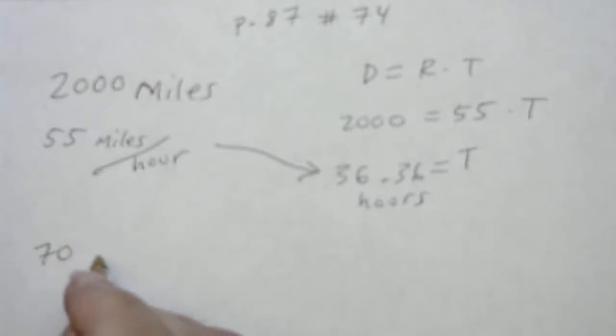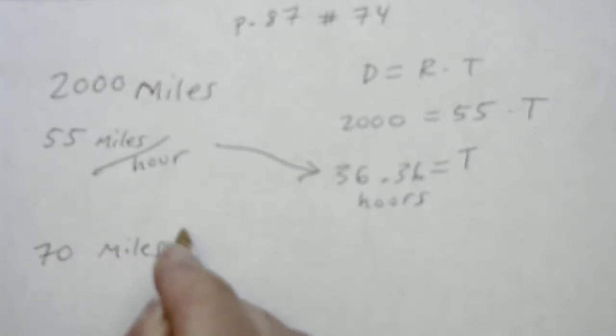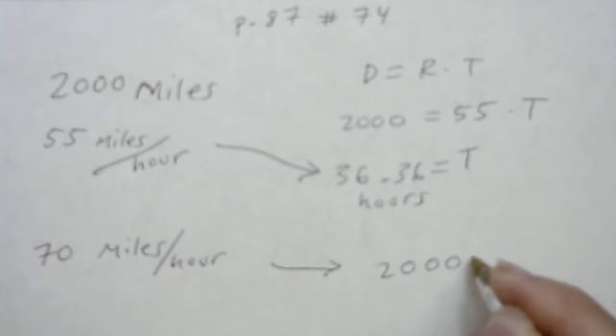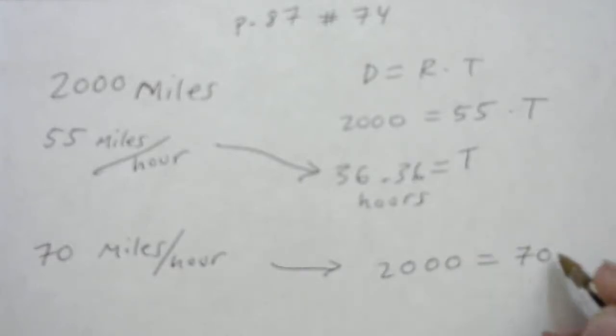Instead, if we travel at 70 miles per hour, then that will get us to this. 2,000 equals 70 is my rate times time. And if we do this, then the time it would take us would be 28.57 hours.